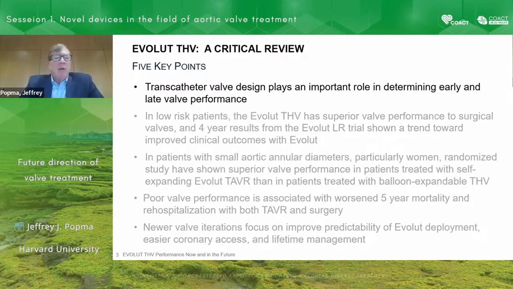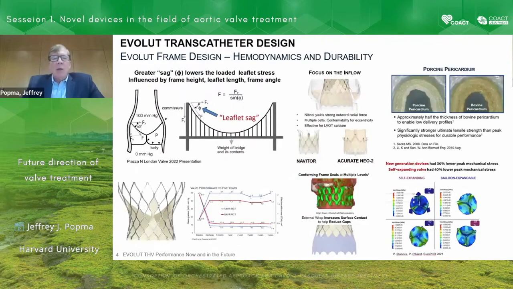I want to make 5 very brief points. First, we now know that transcatheter valve design plays an important role in determining late valve performance. You're all well familiar with our supra-annular self-expanding Evolut design with its long reverse-canted porcine pericardial leaflets, lowering the leaflet stress during the cardiac cycle.